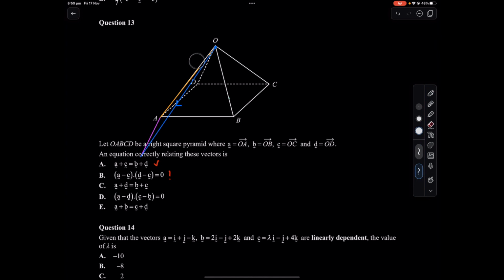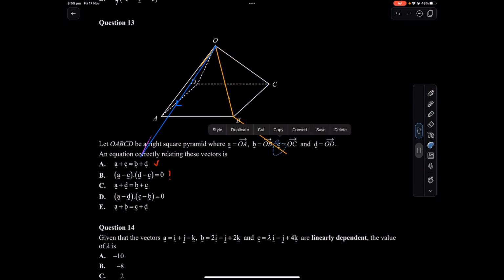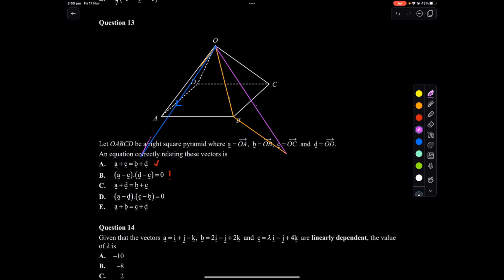And that should be equal to B plus C. So B is this, plus C is this, putting that together. Absolutely, they are not equal. Those vectors, the pink and the blue, are not equal. So that's rubbish. That's how I would approach this question.